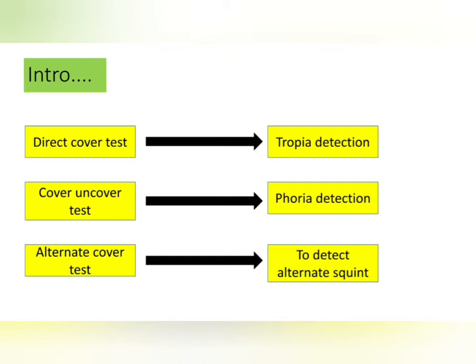Why does a hidden squint happen? Because the deviation of the eye is so small that both eyes can overcome it with the fusion reflex and fix properly. At that stage we cannot see the deviation, and that is called phoria or hidden squint. The alternate cover test is performed to detect alternate squint. Alternate squint means squint is present in both eyes alternately.